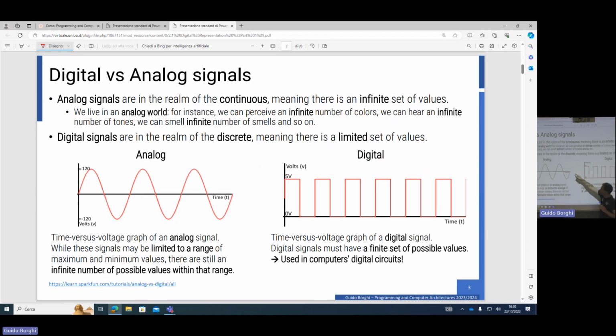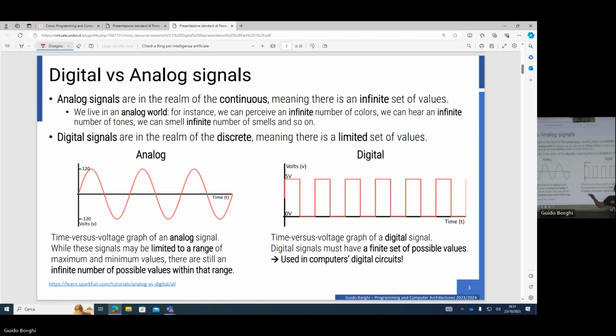We have two different units. We have an analog signal, and you can see that with this signal we have a limited range. The range starts from minus 120 volts to plus 120. This is a limited range, but within this specific range we have an infinite number of possible values.